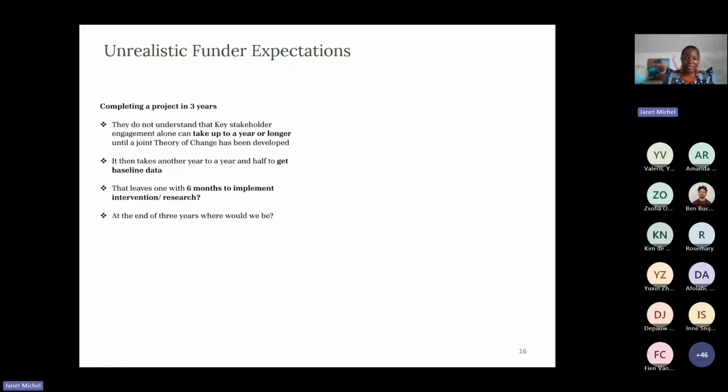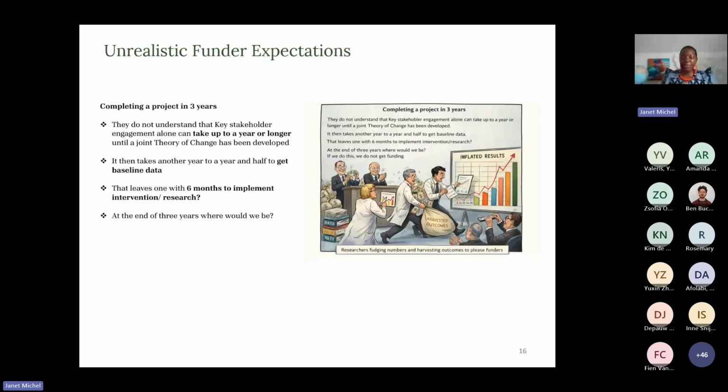So this leaves one with 6 months to implement an intervention. And at the end, the funders want to see results. So what happens? People scramble and come up with outcomes and report these outcomes, but looking at this realistically, what can one do within 6 months? And if they don't do that, they don't get the funding.